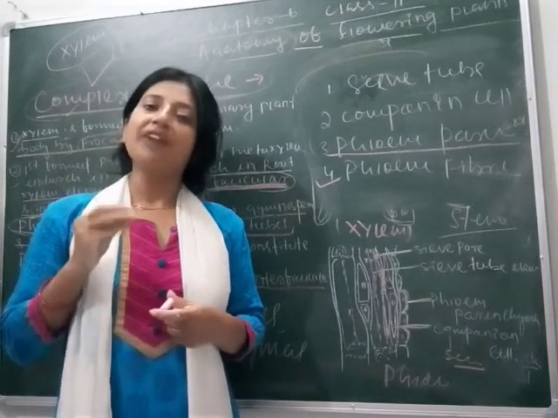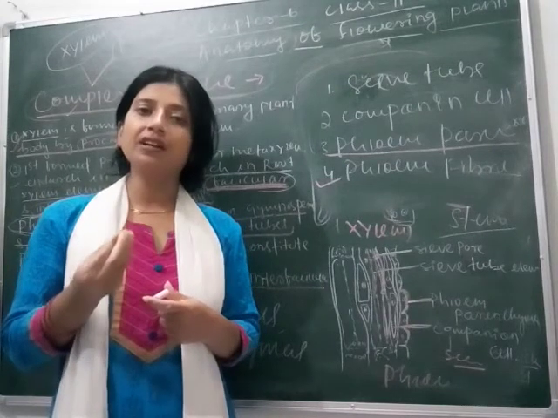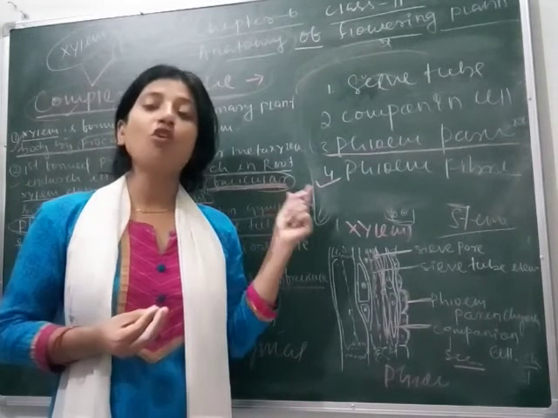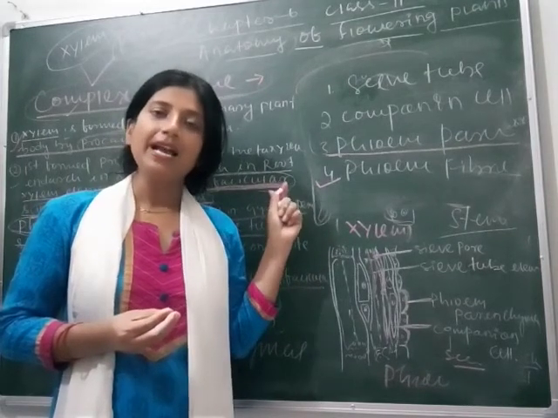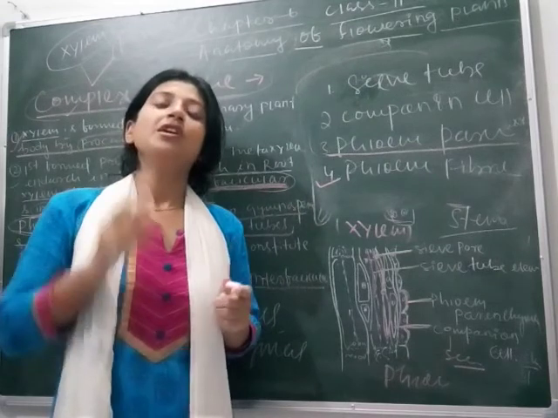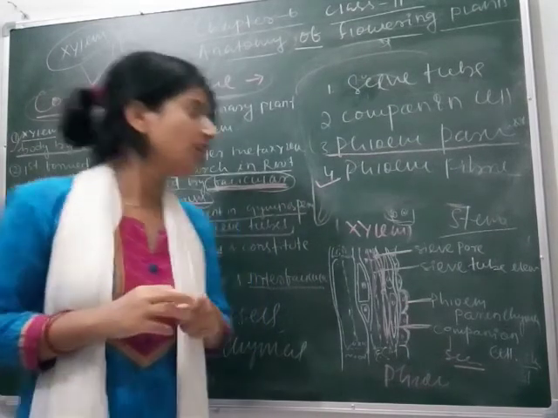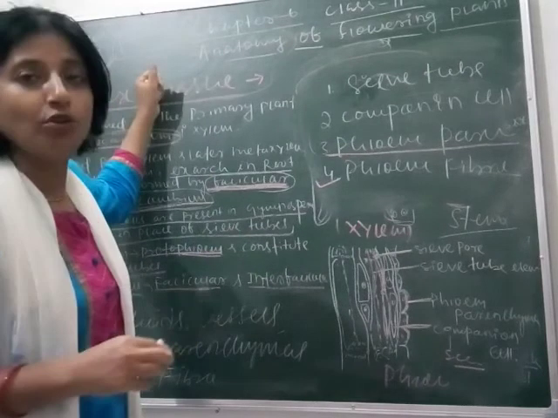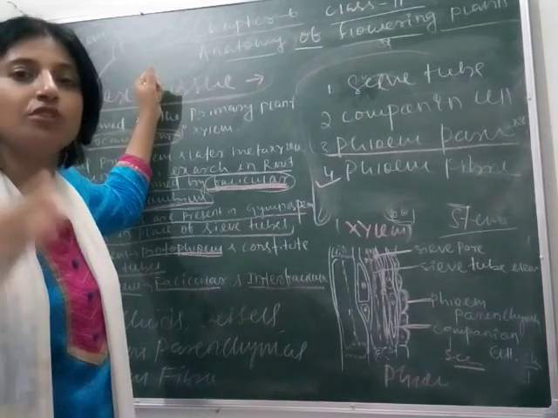But in case of higher plants, the plants that belong to the division angiosperms, they show vascular bundle. This is your xylem and phloem, and without xylem and phloem, long distance transportation can't be possible. Clear, students? So this is all about your complex tissue. In our next class, we will study about tissue system.